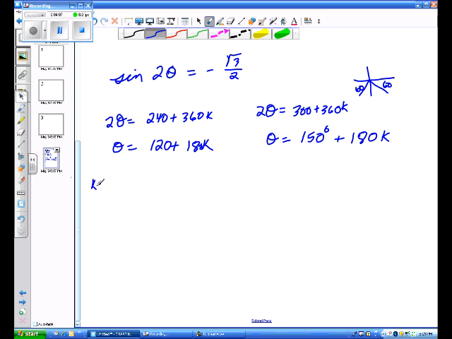We'll start with k equals 0, so that would be 120, and k equals 1 would be 120 plus 180 would be 300. Over here, k equals 0, then it would be 150, and k equals 1 would be 150 plus 180 would be 330. And again, you can know if you've gone too far, because if you put in 2, then that's going to be 360, and you're going to be past your 360.